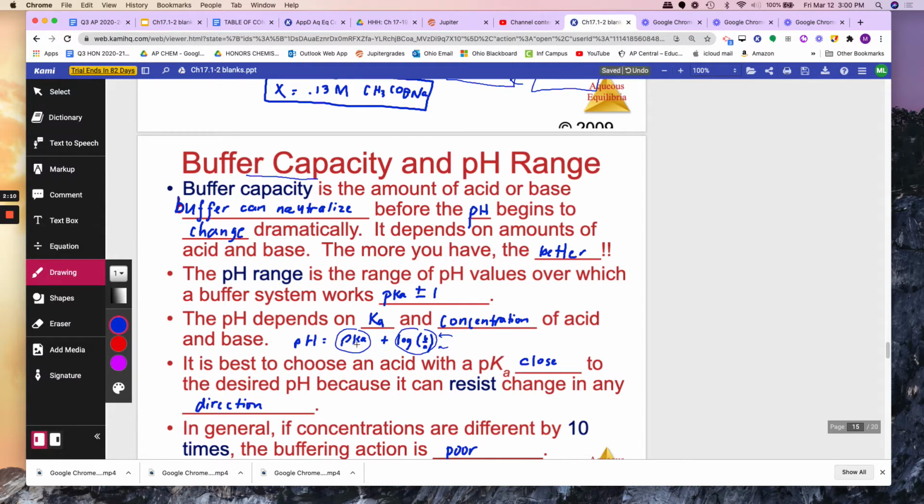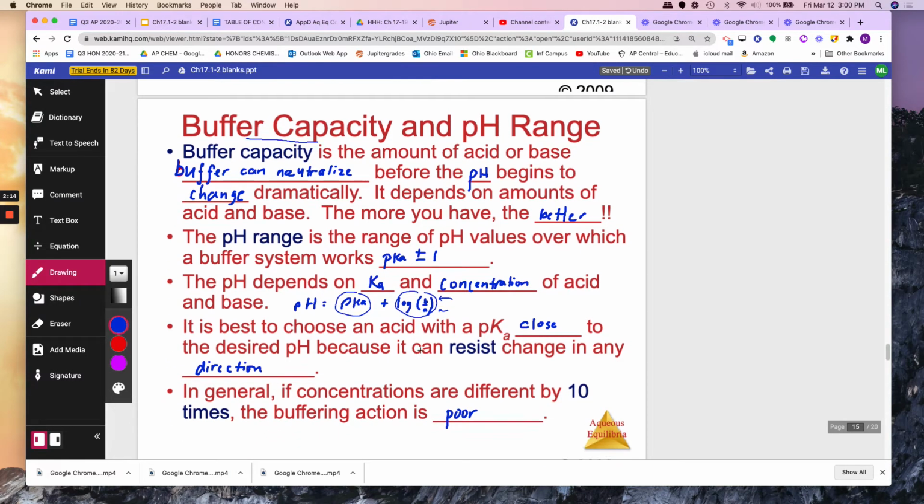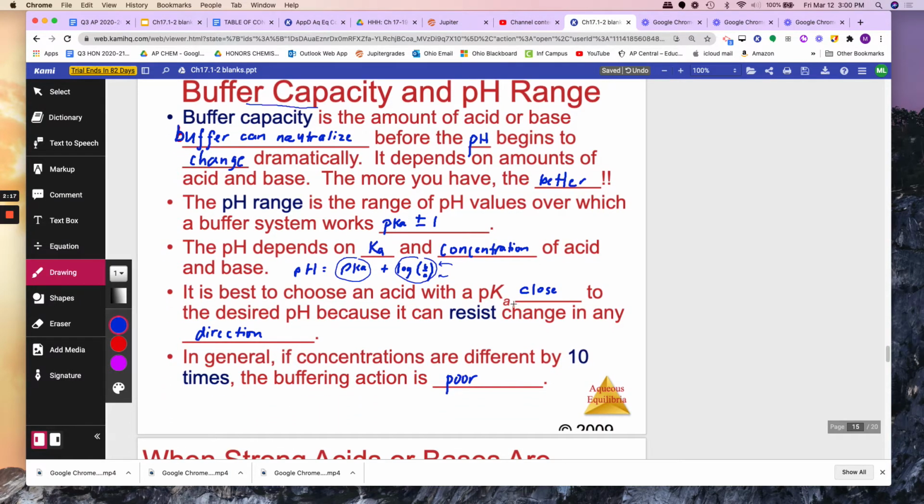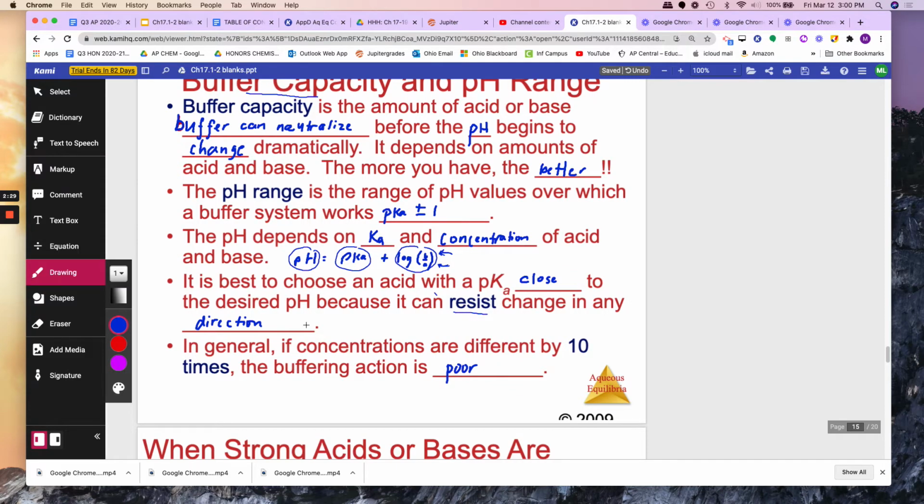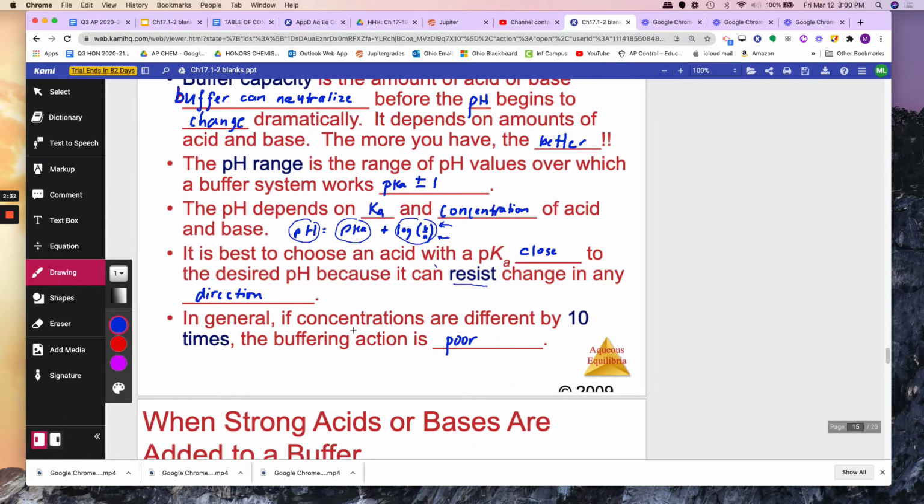If you want it to be a little bit above or below the pKa, you can tweak the amount of base and acid. It is always best to make your pKa close to the desired pH because it's better when you have equal amounts, so it can resist the change in both directions when you add H plus and OH minus.